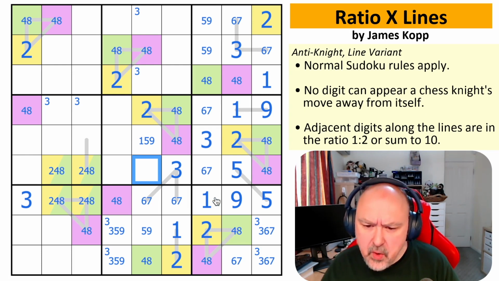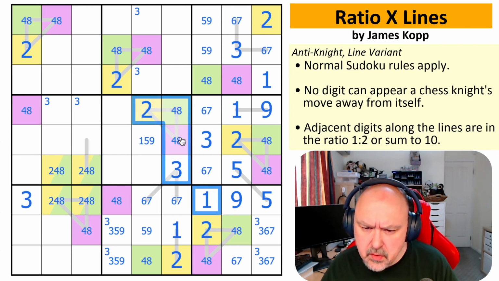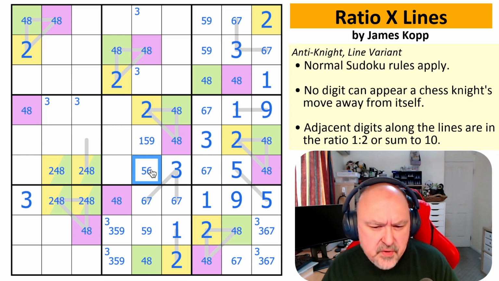It can't be 1, it can't be 2, it can't be 3, it can't be 4. It can be 5. I'm going to put in 6, 7, but I'm going to remove them in a minute. It can't be 8, and it can be 9.